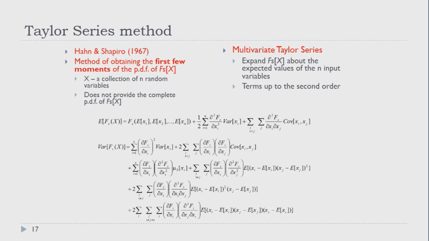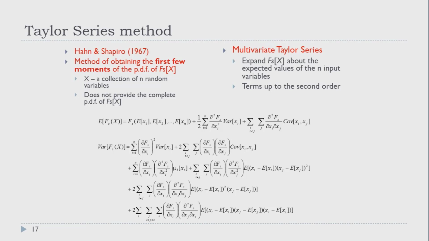What we are going to do is calculate the mean of the factor of safety and the variance, and then we assume a shape for the frequency distribution of the factor of safety, and then we can calculate our probability of failure. This can be done for one variable, but can be done for multiple variables using a multivariate Taylor series.